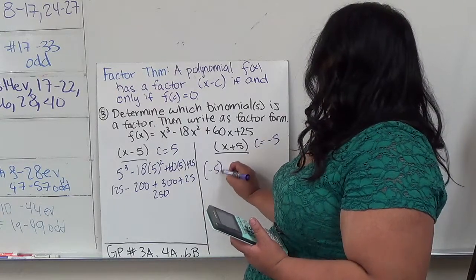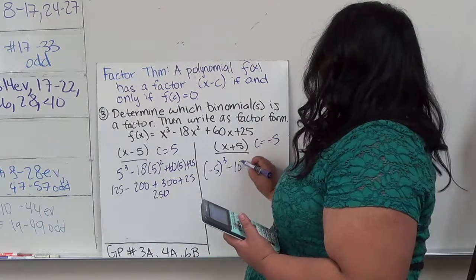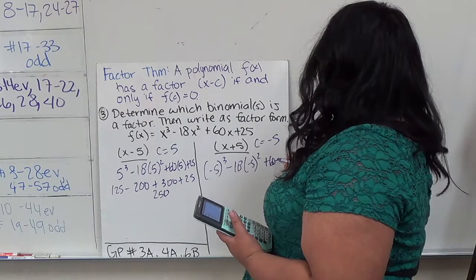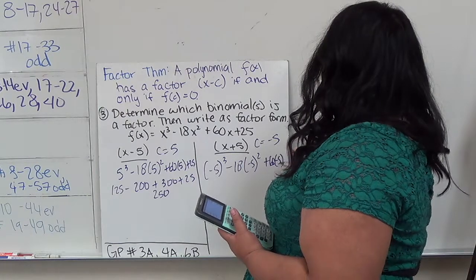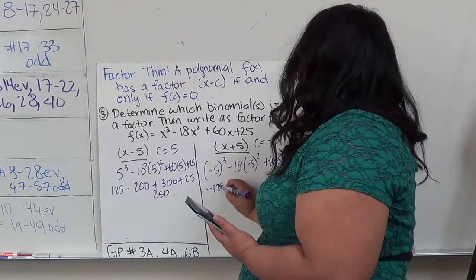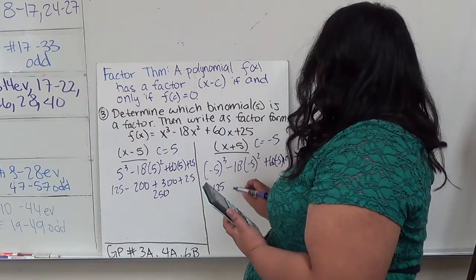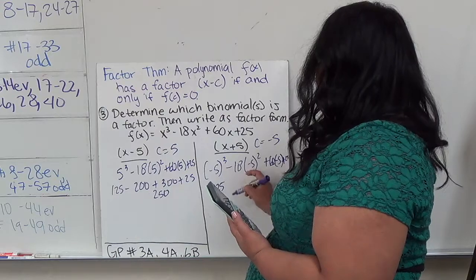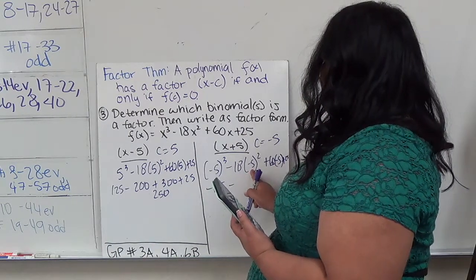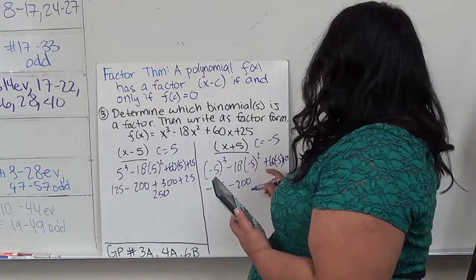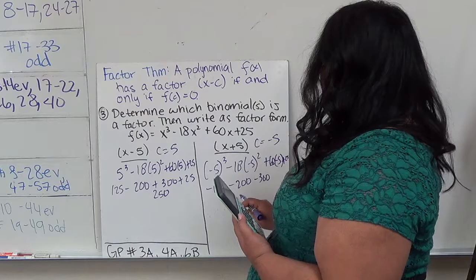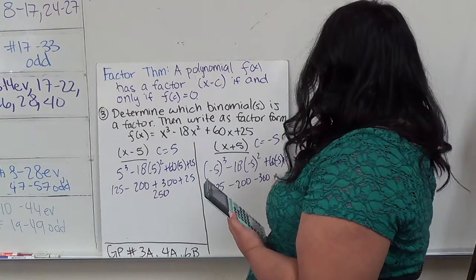So negative 5 cubed minus 18 times negative 5 squared plus 60 times negative 5 plus 25. This gives me a negative 125. This would give me a positive. This would be negative 200, a negative 300, sorry, plus 25.